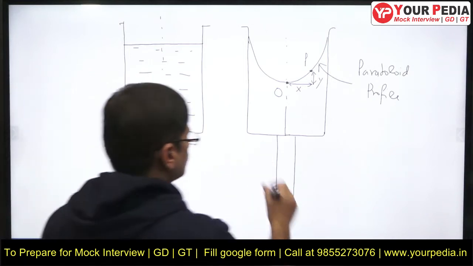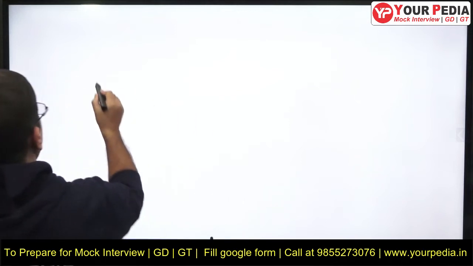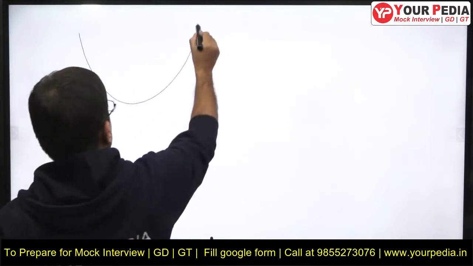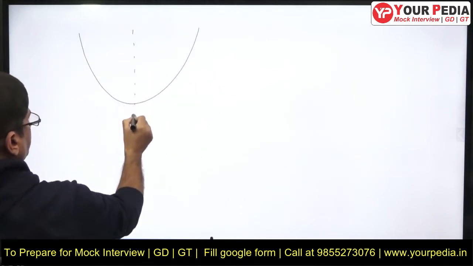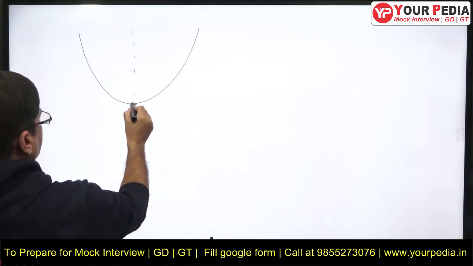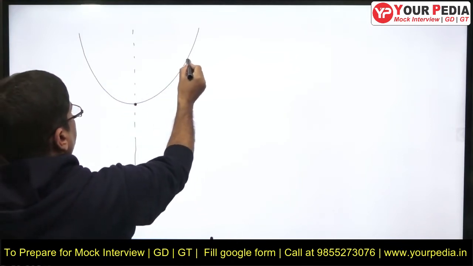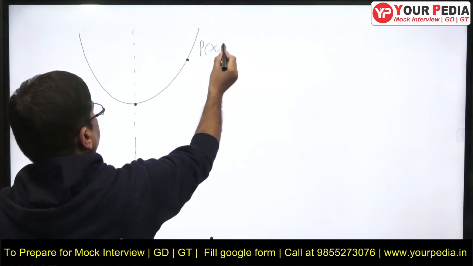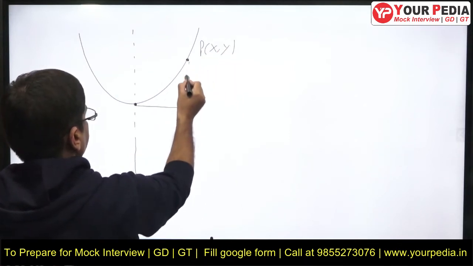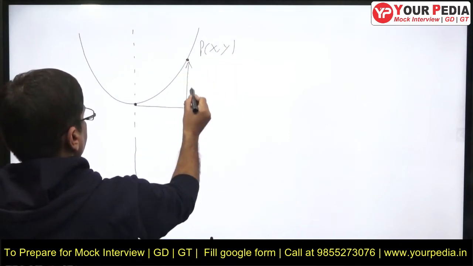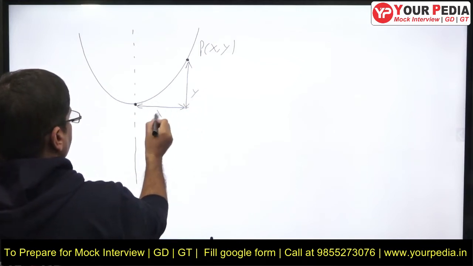Now how to do that? Let me make the profile once again, a larger diagram. So this is the origin, and this is point P which has been given with x, y coordinates. This is x, this is y. Right?